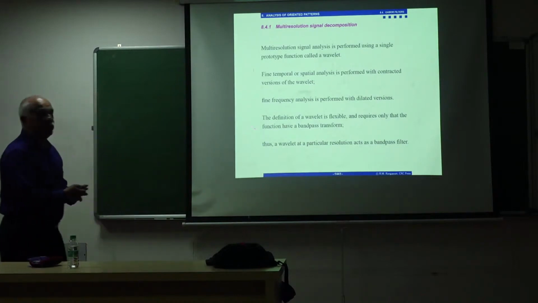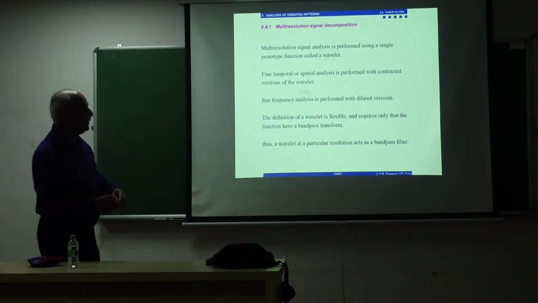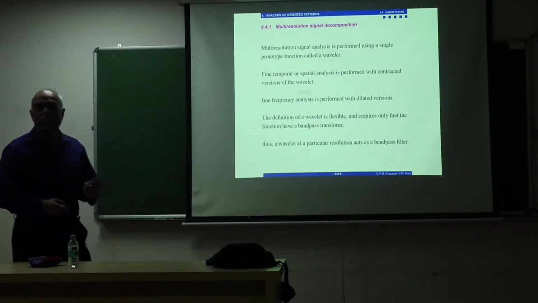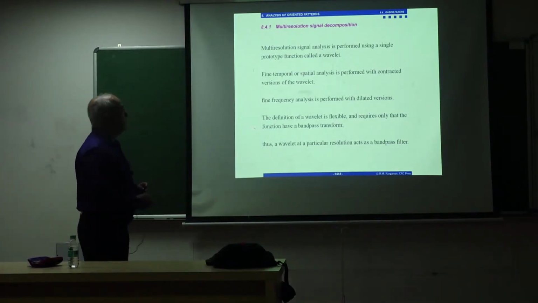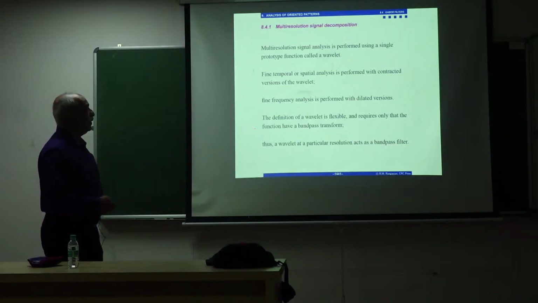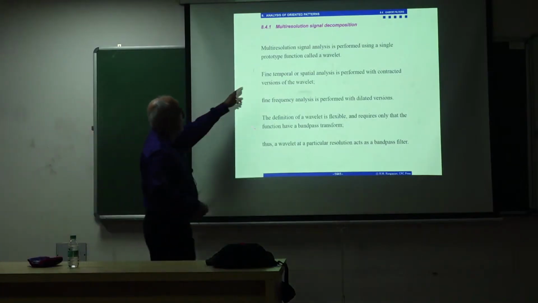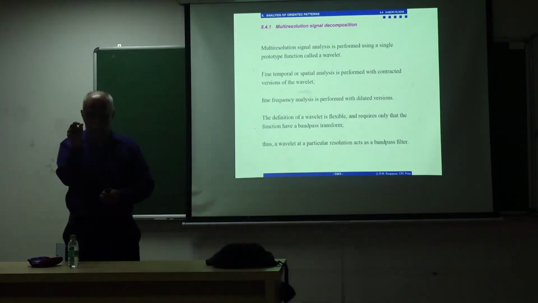So multi-resolution signal decomposition becomes possible because there is a factor of this resolution in the scale factor. You start with a wavelet, and then fine temporal or spatial analysis is performed with contracted versions. Make the wavelet smaller and smaller.